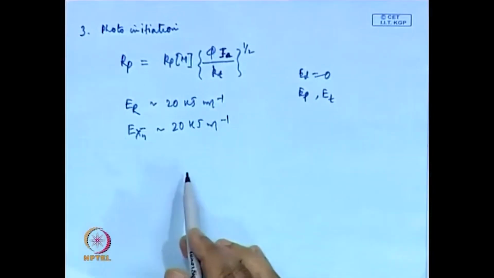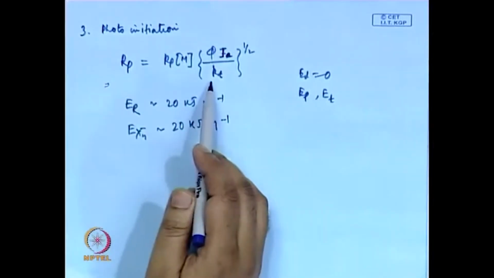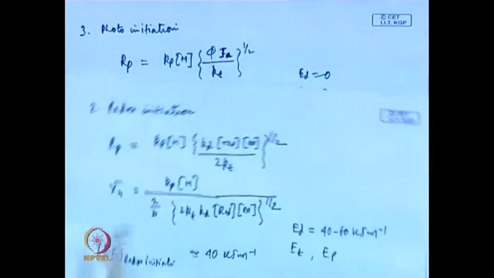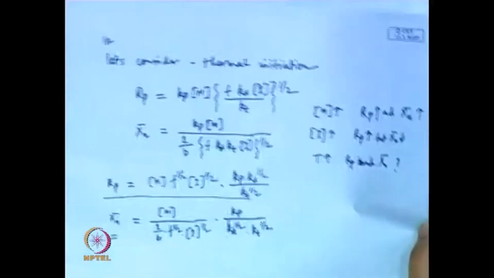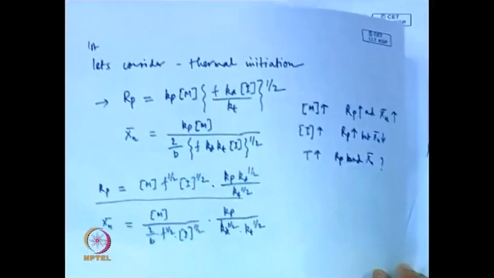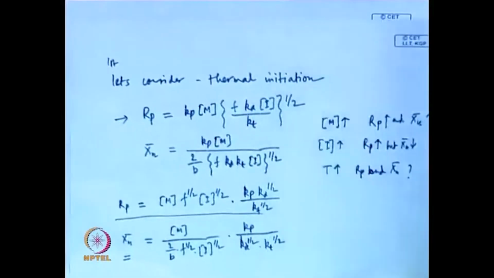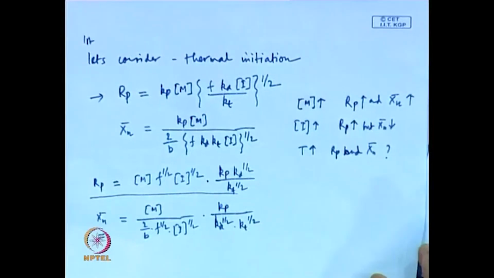Now, remember we got this expression for the rate of polymerization, in the case of thermal initiation as well, assuming that the reaction is at steady state. We applied the steady state approximation to find the concentration of the total radical present.